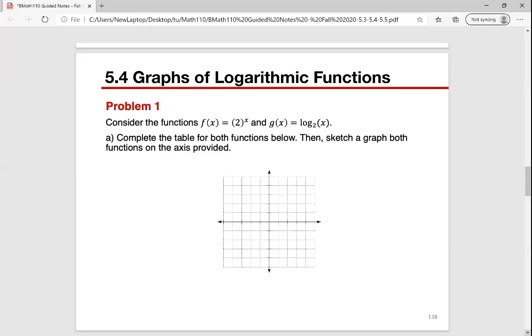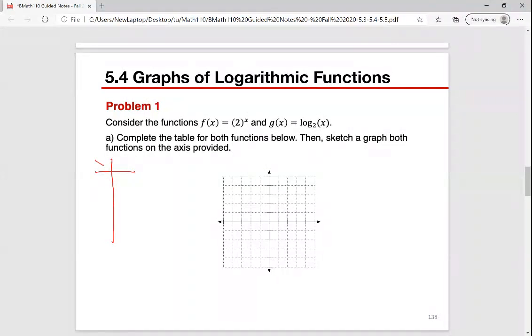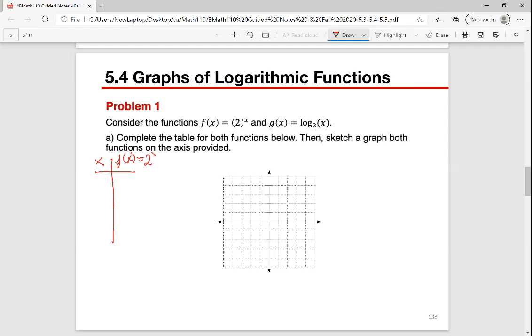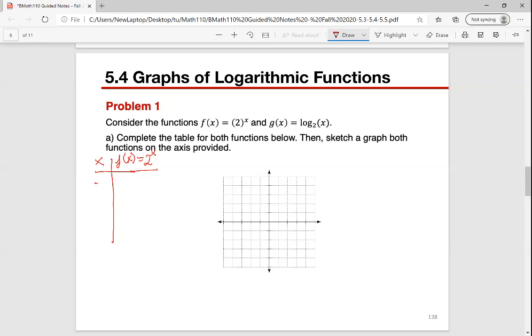So let's do the left hand side here. I want to do x and f of x equal to 2 raised to x. So let's have some negative numbers first. Let's say negative 3.